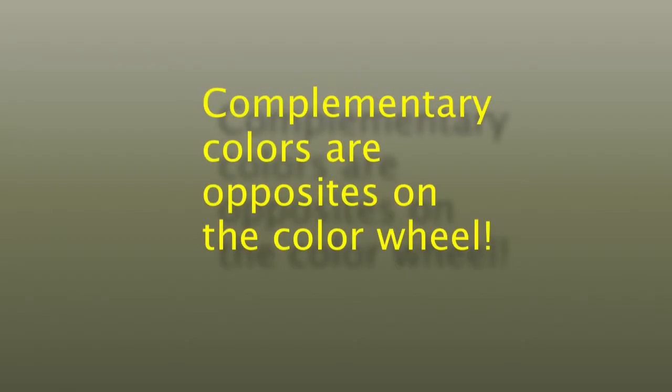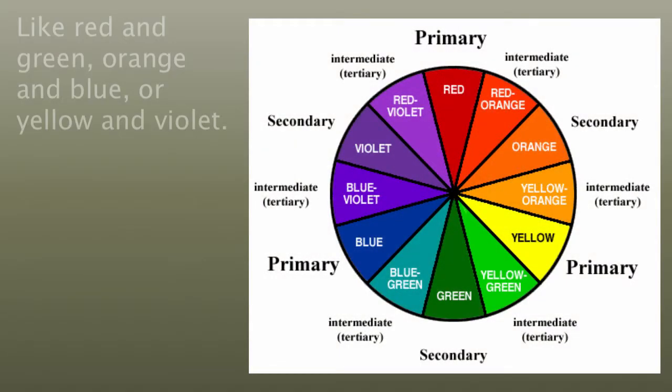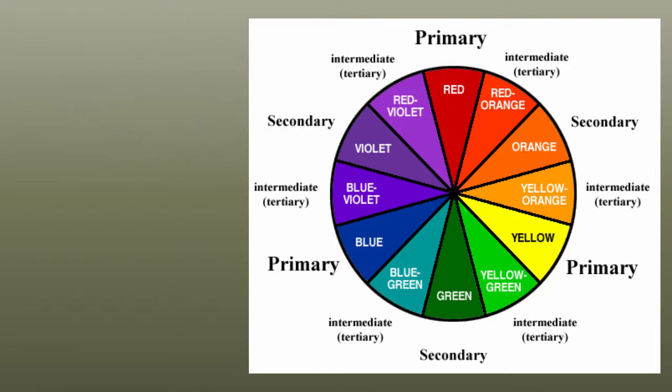Complementary colors are opposites on the color wheel. Like red and green, orange and blue, or yellow and violet. Analogous colors are similar and use 3 color groups next to each other on the color wheel.